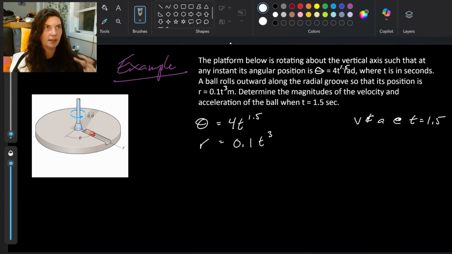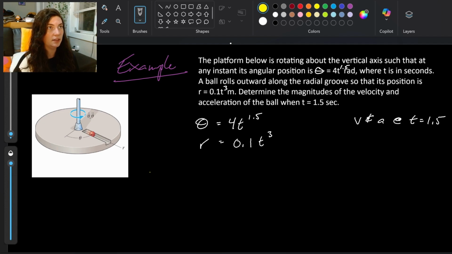They're just going to make the most sense. It's going to be extremely difficult if you try to convert it to x and y's or normal and tangent. It would just be a mess. So in this case, use what they give you. We're going to do this in cylindrical coordinates, finding those magnitudes of velocity and acceleration.